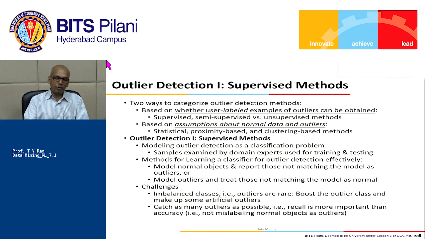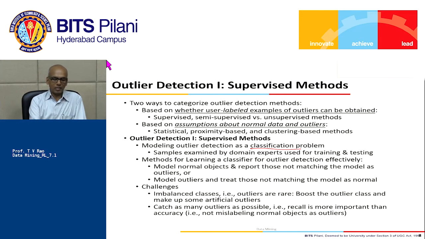First we need to model this as a classifier problem, and there needs to be training data for that. The classifier has to learn, and then you apply the classifier on the remaining test data and get the result.